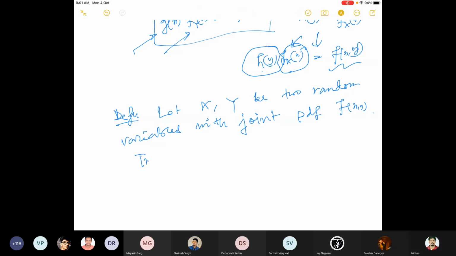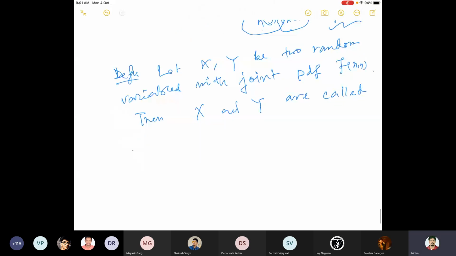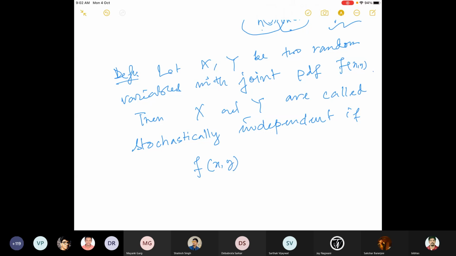Then X and Y are said to be independent, or sometimes called stochastically independent or probabilistically independent, if f(x,y) is equal to f(x) f(y).